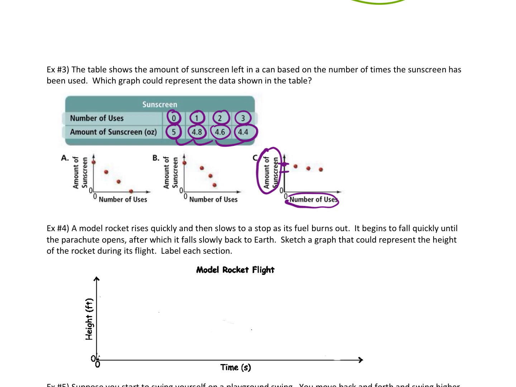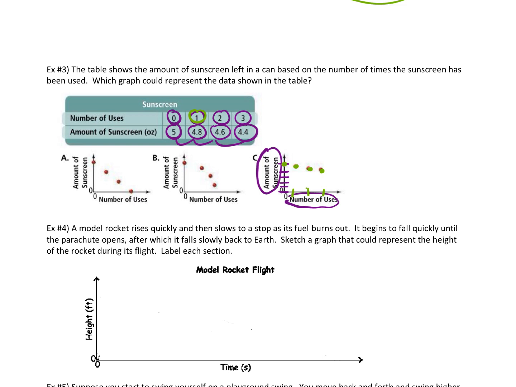So 5, 4, 3, 2, 1, 0, right? So after 0 uses, there was 5 ounces. After 1 use, so you would go over 1, that's 4.8 ounces. After 2 uses, 4.6. After 3 uses, 4.4.